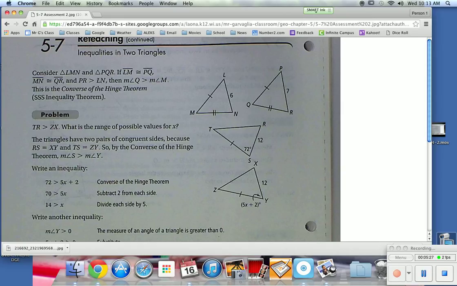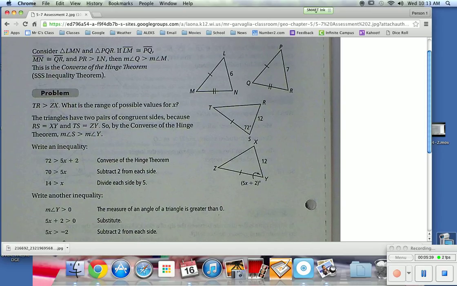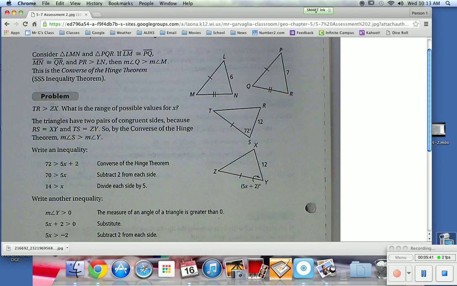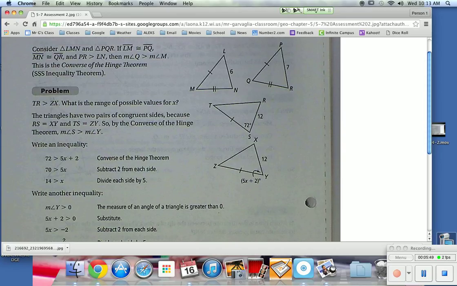Hinge theorem. Side, side, side. Do you think you could figure that out if I was to give you this type of problem? No? You wouldn't be able to figure it out? Okay, good. I have this side equal this side equal this side, but this side here is smaller than this side here.